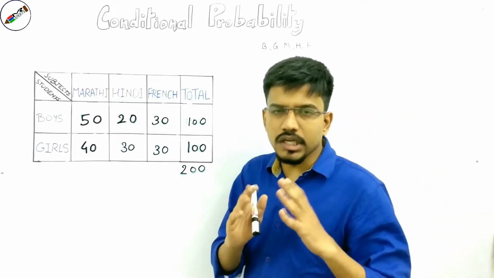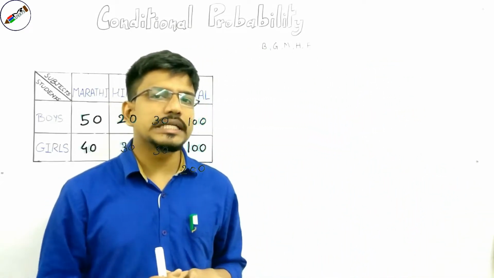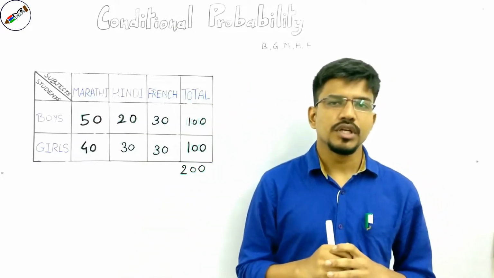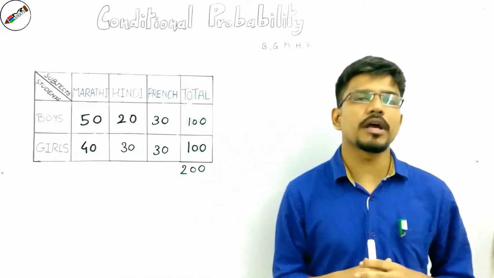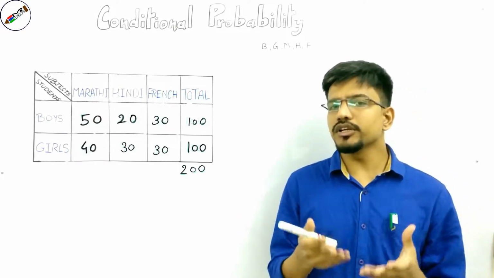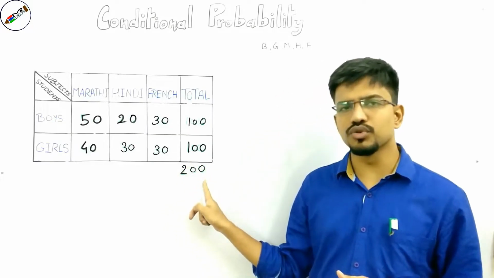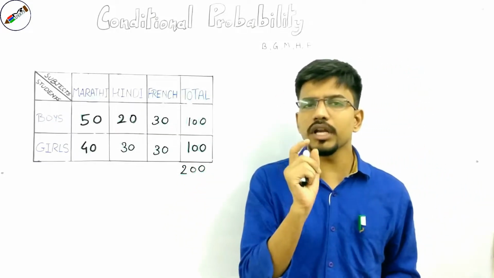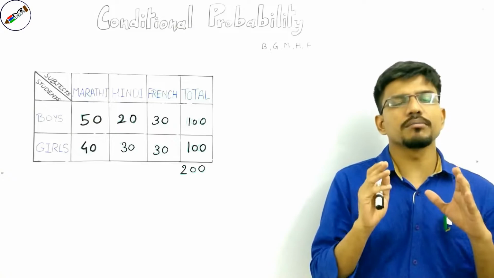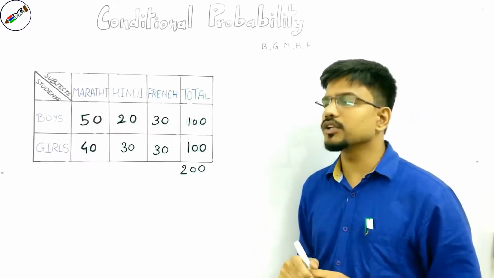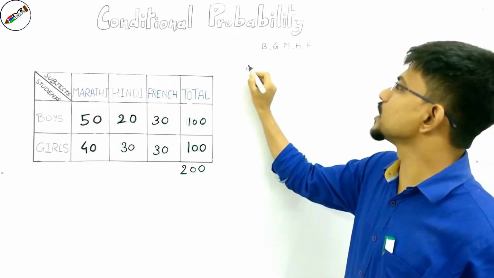If you think clearly, you know that there is a "such that" or "provided" condition. Now, in general, when we calculate probability, how will it look? It will look like this: total, which is 200, in the denominator, and in the numerator there will be the number of favorable outcomes.